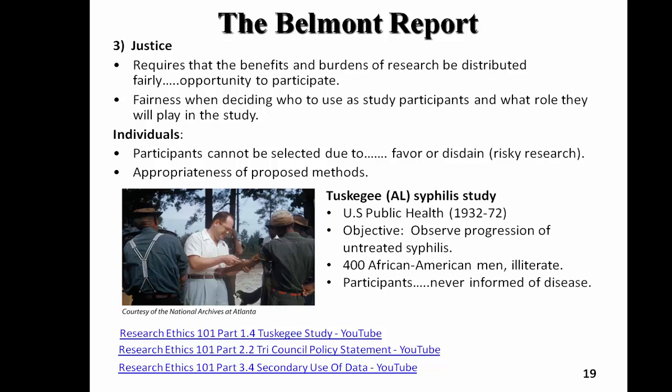The participants were never informed that they had the disease. In fact, the presence of syphilis was confirmed through autopsies. Although the researchers knew that the participants had syphilis, they were denied treatment during and after the time in which penicillin was discovered, developed, and used as a standard and effective treatment for syphilis.